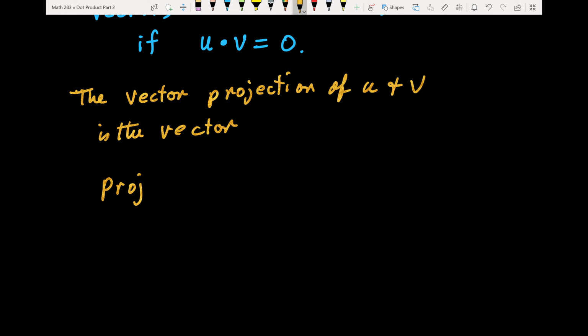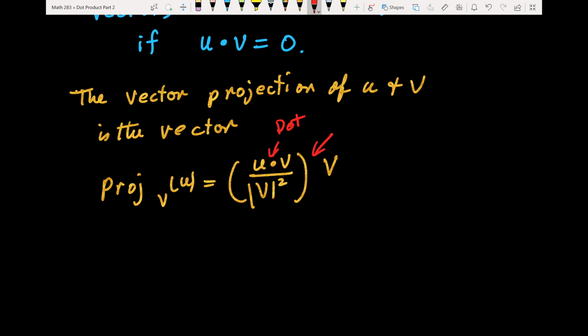Here's the projection. You get the dot product at the bottom, instead of doing the angle. Now this one is times v. If I use this symbol in this class, it means dot. If I don't use the symbol, it means multiplication.